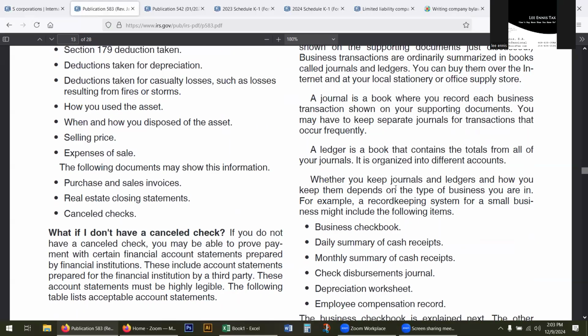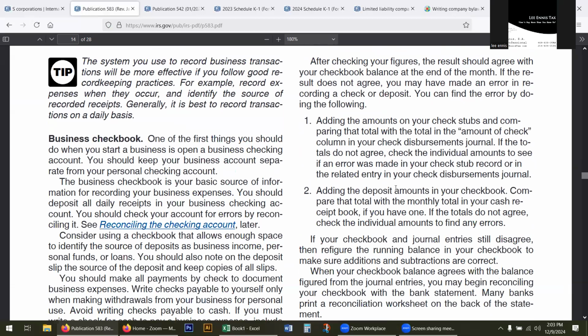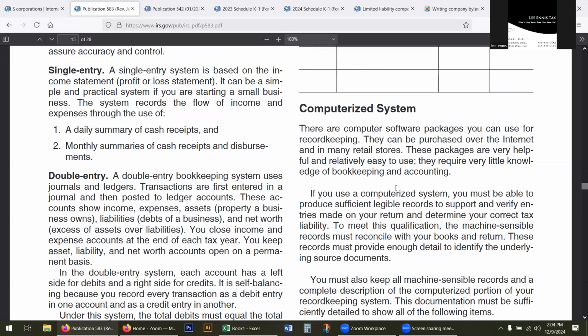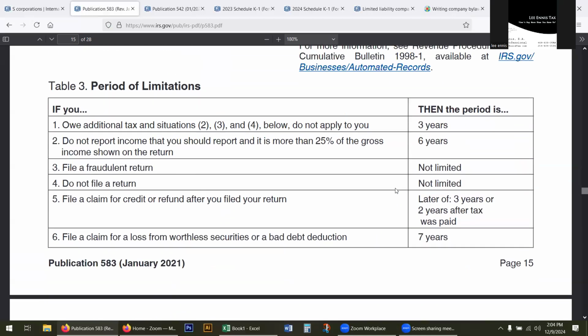Talking about journals and ledger books, we can talk a little bit about payroll, because I come across the same thing so many times.